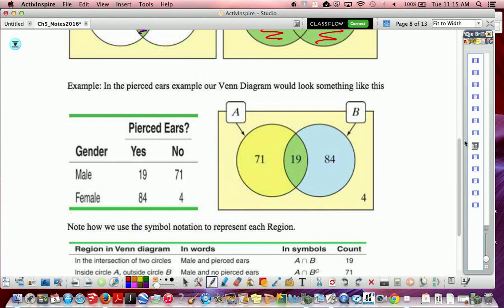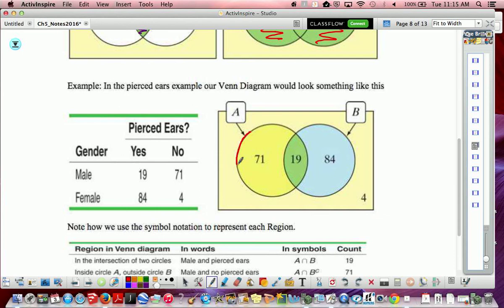So it says here, in this example, in the pierced ear example, our Venn diagram would look something like this. Okay? So the thing is, we need to make sure that we identify what event A represents and what event B represents. And that sometimes can be the confusing piece for students.